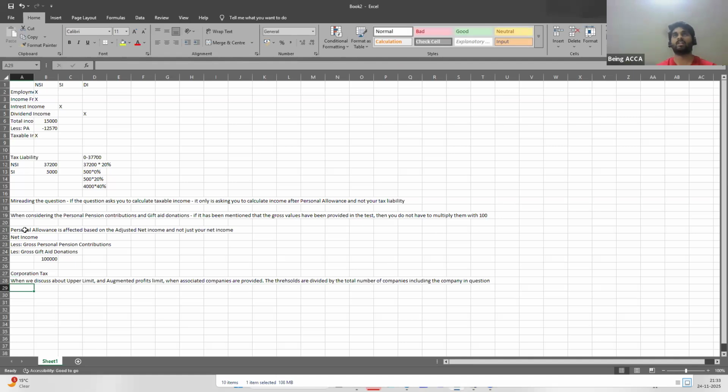For example, let's say a company has three associated companies. So the thresholds will be reduced: the 1.5 million threshold will be divided by 4 and not 3, since the company in question should also be added in when you're making that calculation. Is that clear?